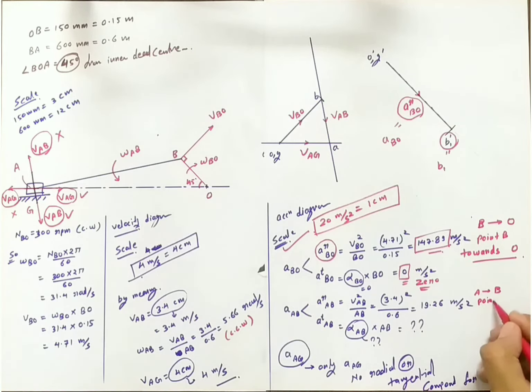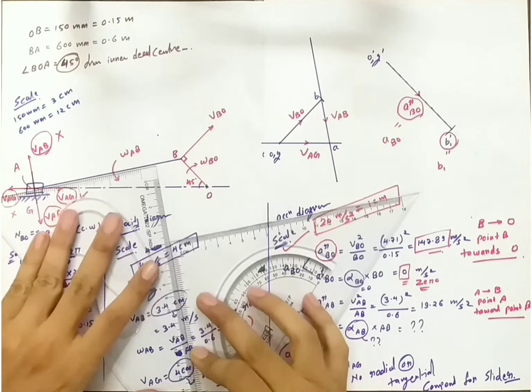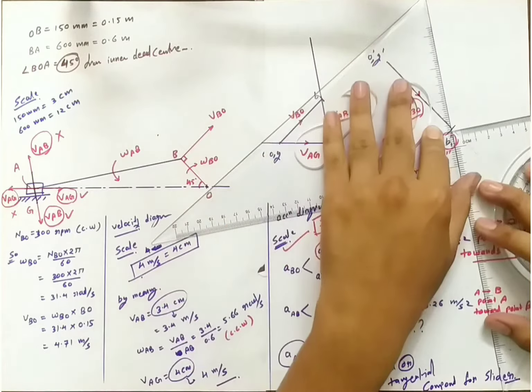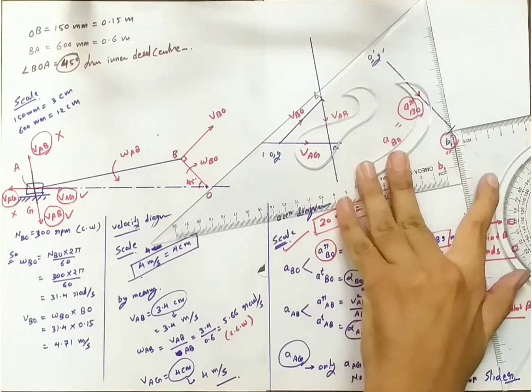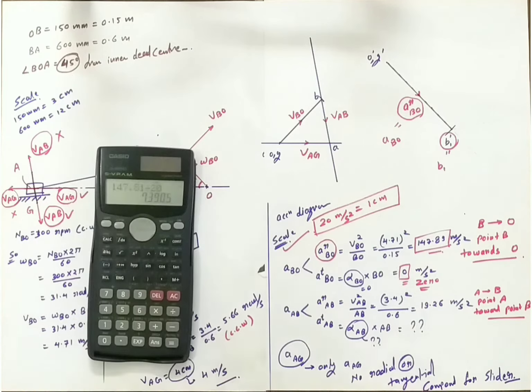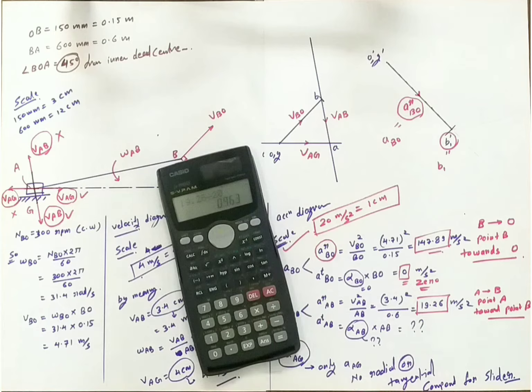Now next is the radial component for AB. Again I will say that from A to B, for link AB the center point is B, so A towards B. So again we will go like this from A to B, and this is the radial component. The value is 19.26, so according to scale, that is 0.96 centimeter.